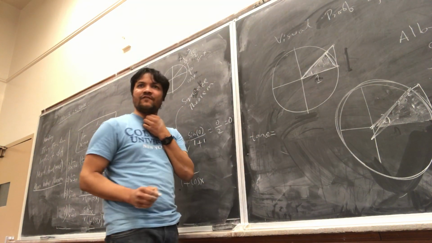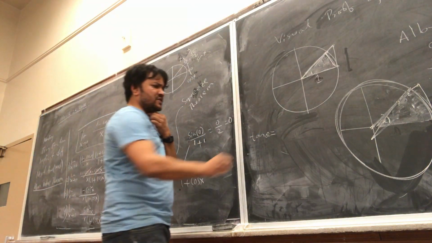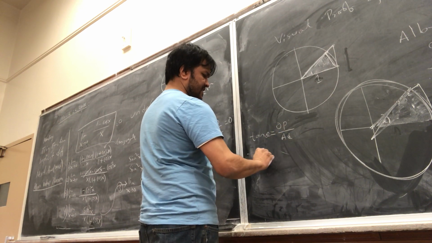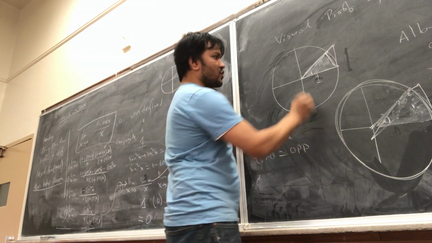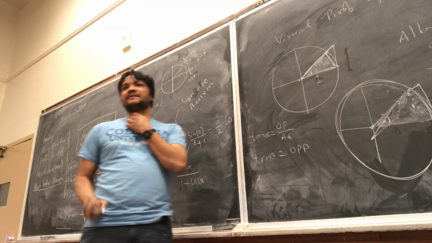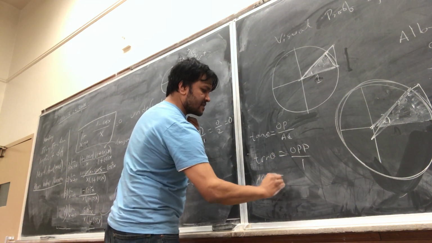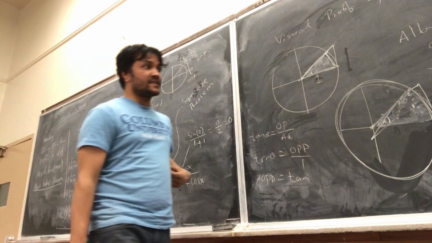Tangent theta is opposite over, no, not hypotenuse, opposite over adjacent. We claim that adjacent is 1. So opposite is then tangent. So we can write that tangent.